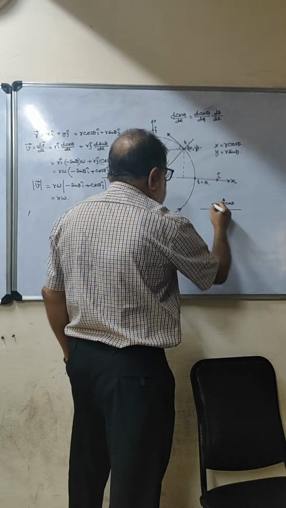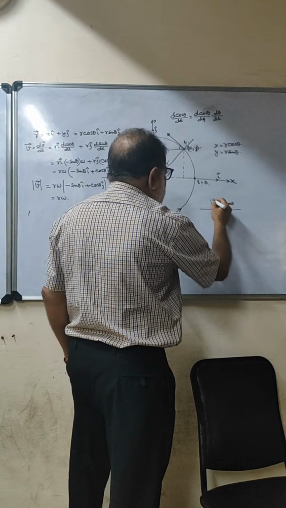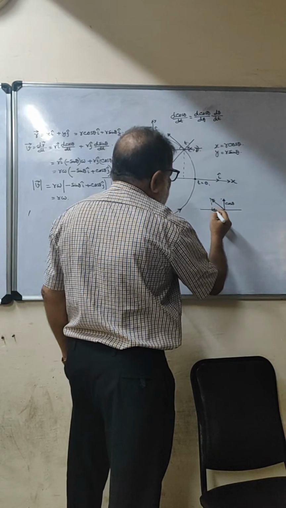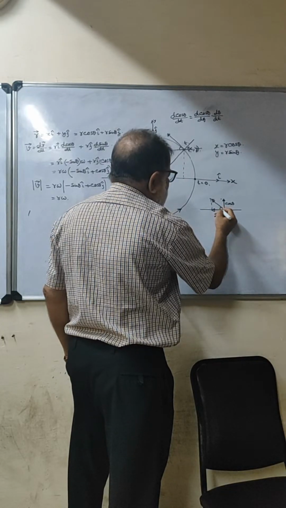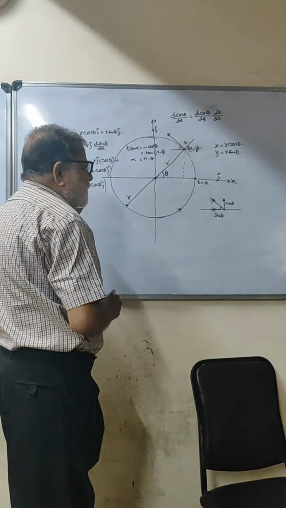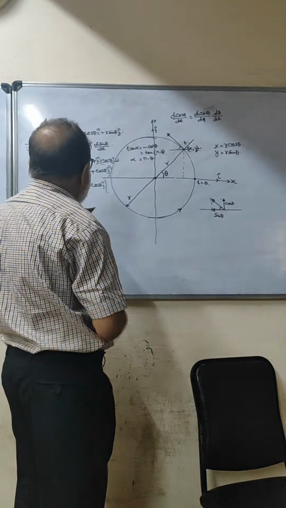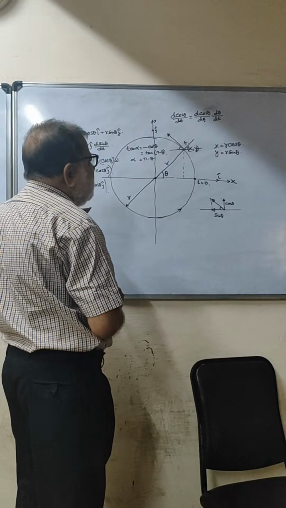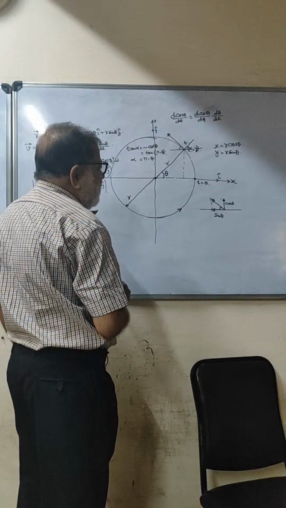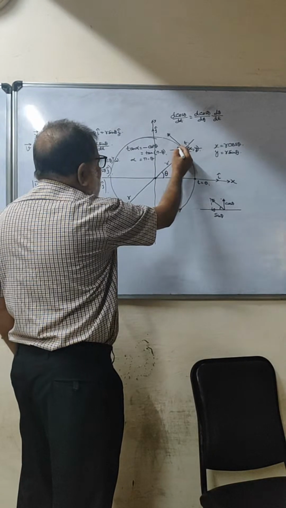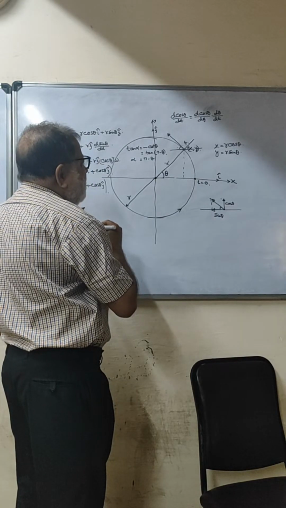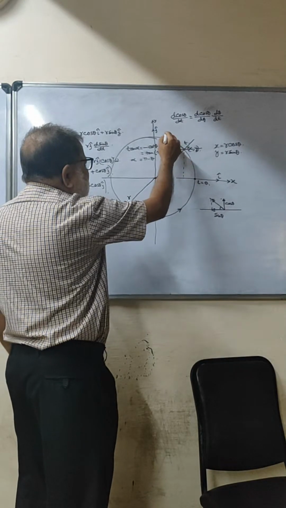So the resultant, this is the unit vector. How much angle does it make? This angle that it makes with the negative x-axis is this one. And that is nothing but the tangent.